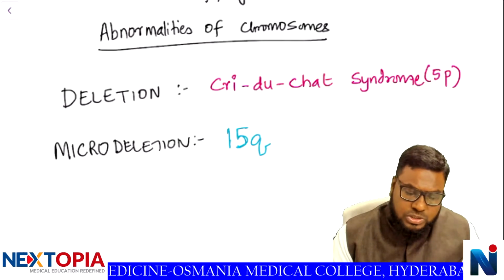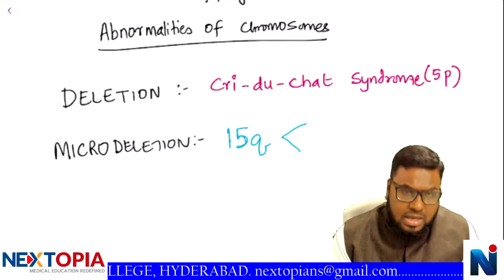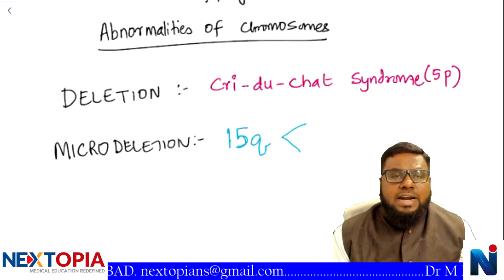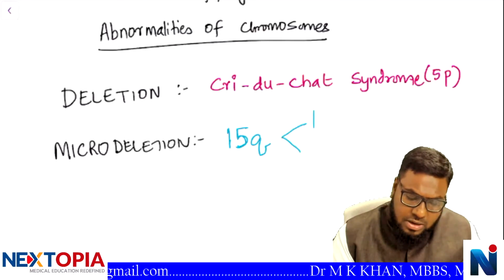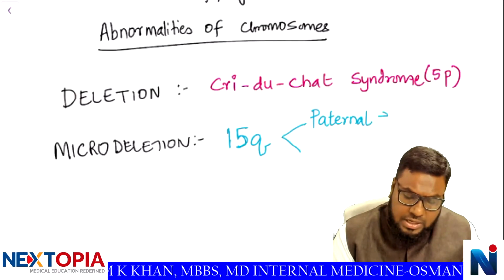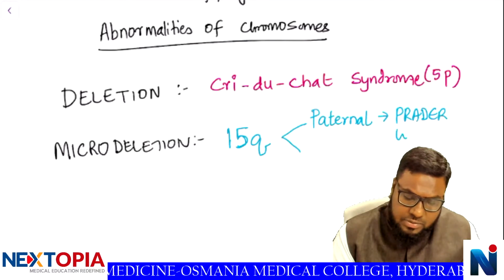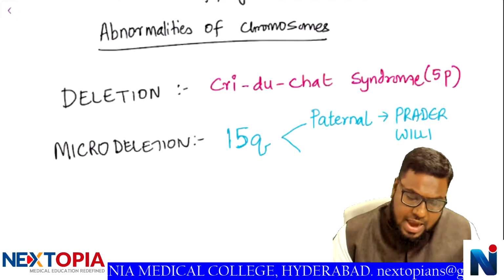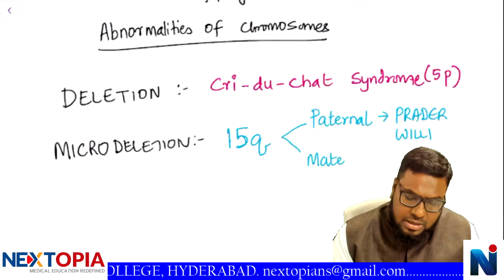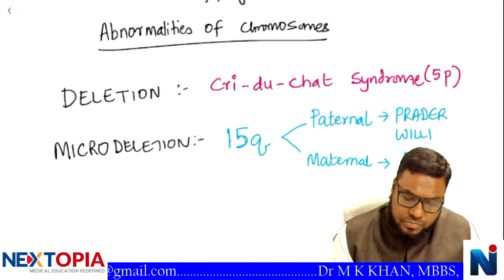If the proximal or small portion of the long arm is deleted, it results in either Angelman syndrome or Prader-Willi syndrome, depending on the inheritance. If it is paternally inherited, coming from the father, it results in Prader-Willi syndrome. And if it is maternally inherited, it results in Angelman syndrome.